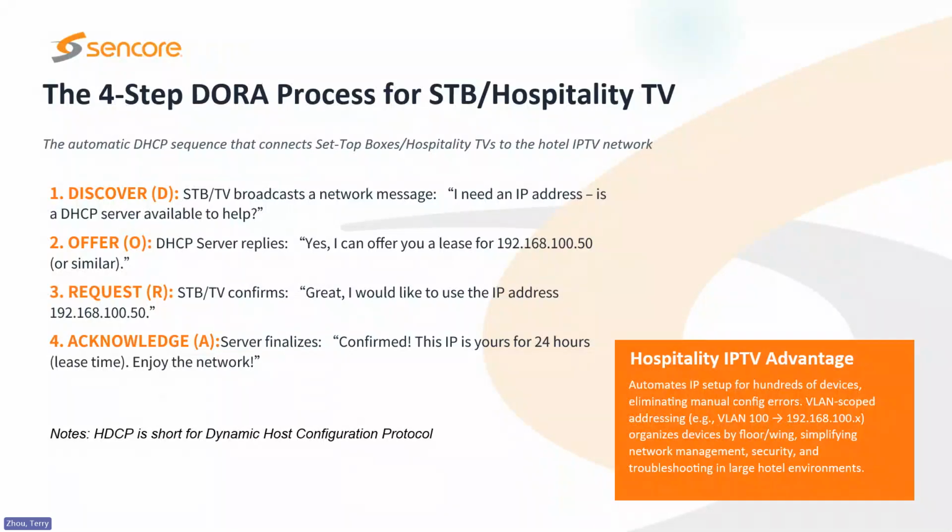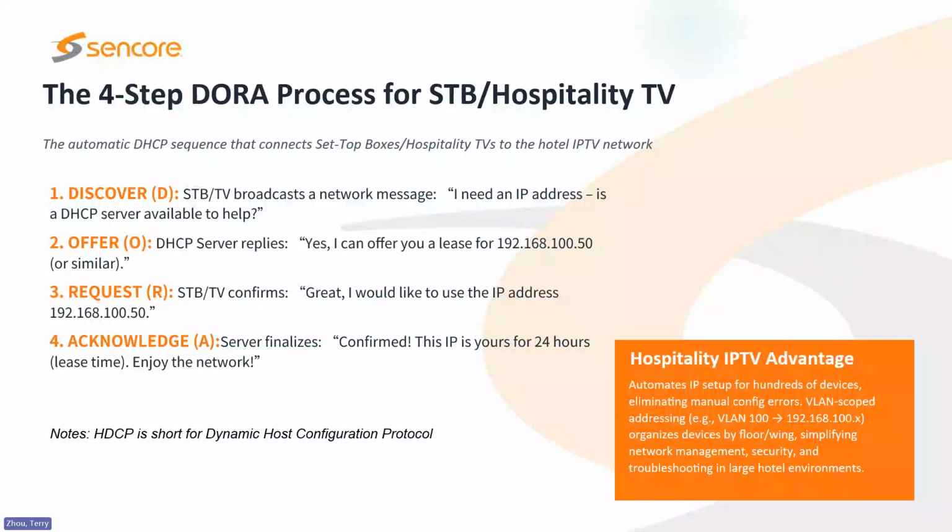Actually, our IPTV server also has a function to play the role of a DHCP server, but it depends on what you need. If your network does not have a DHCP server, then you can use the DHCP server function in our IPTV server.